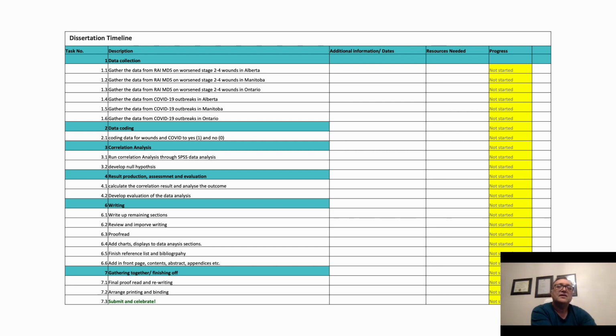Then, after getting the information out of the data analysis and SPSS data set and run with the null hypothesis, we are hopefully going to answer the question of the dissertation, which is, is there a correlation between COVID-19 outbreak and the worsened stage 2 to 4 wounds in long-term care.